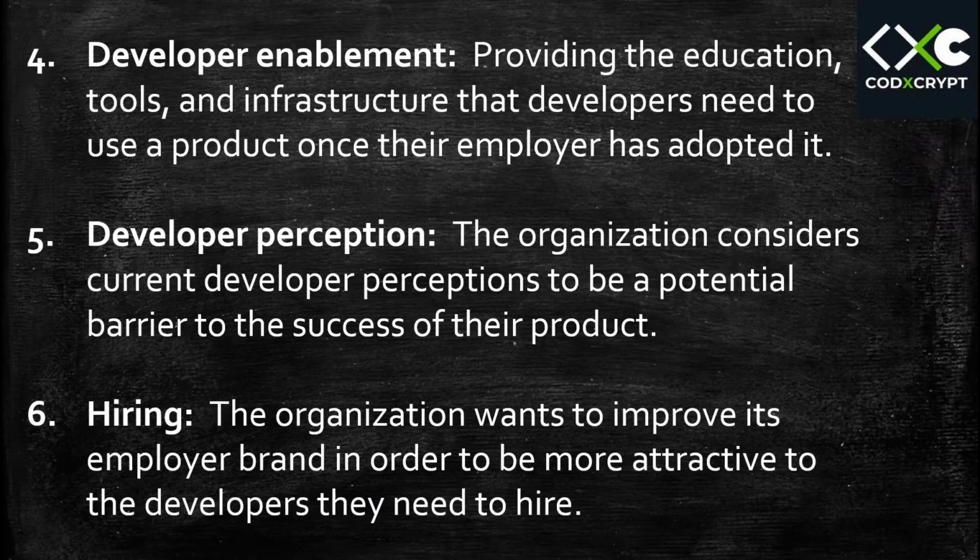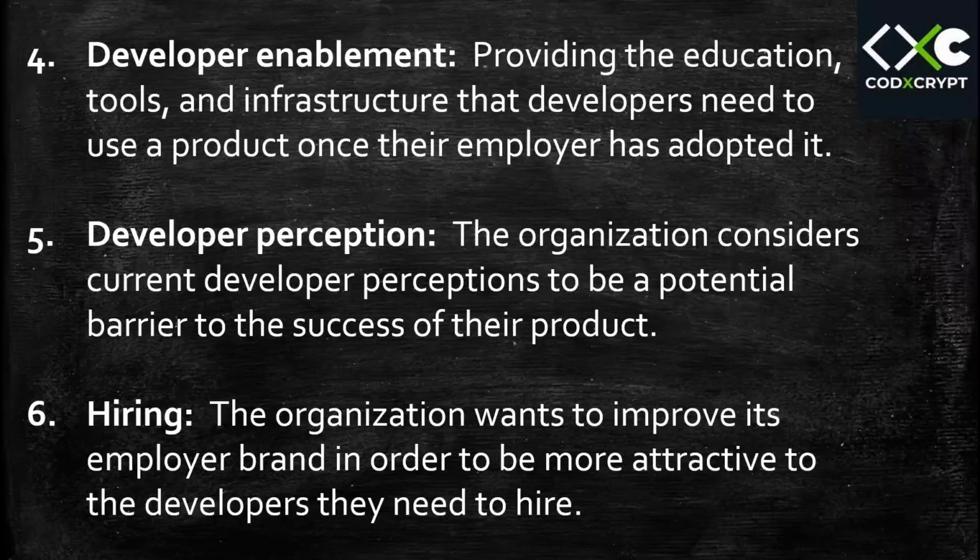Moving on is developer enablement. By providing the education, tools, and infrastructure that developers need to use a product once the employer has adopted it would help the organization. Moving on is developer perception. Now this is really important because it could be a potential barrier to the success of the product if the developer who will be using it is not able to have a connection or a good perception of the ways the product can help him in his development journey.